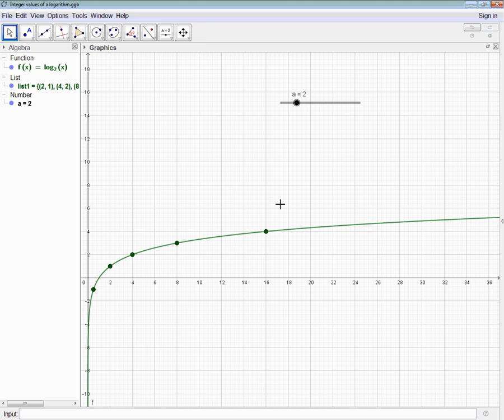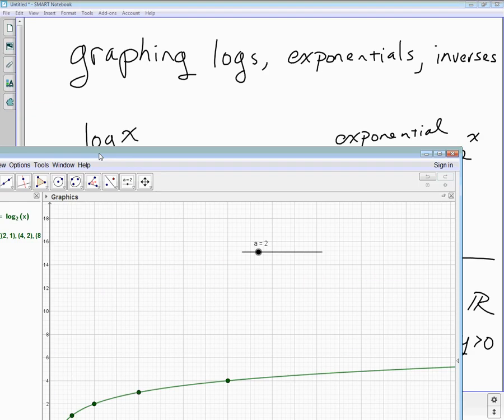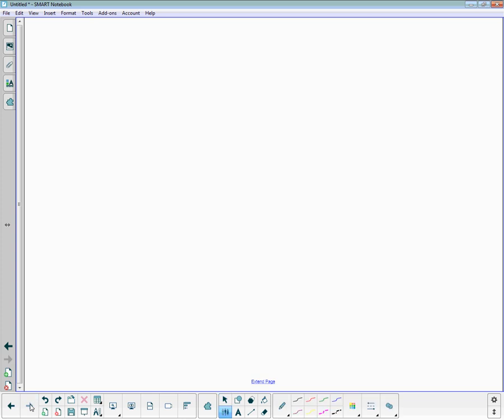So here's how you do it. If you have your graph paper, let's say I'm doing log base 3 of x, and I'm trying to graph that. I would first hit that spot, that x-intercept.